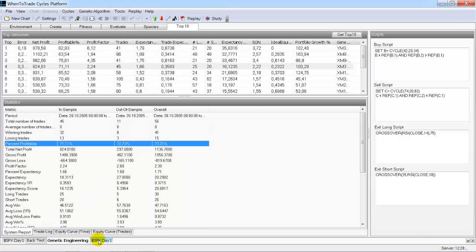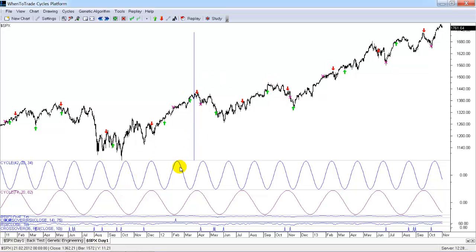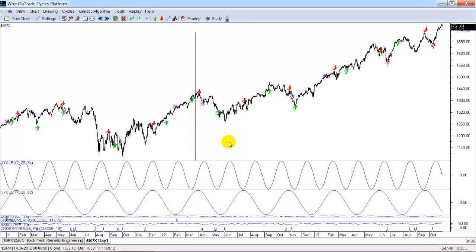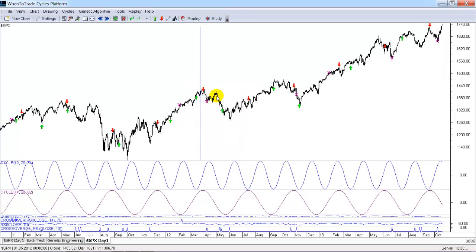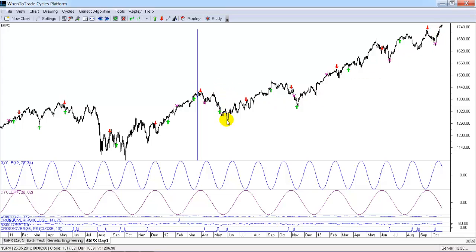Then you can plot it on the chart. So this is just the chart with the cycles detected here, and now you can see how the trades are shown on the chart here with the buy, sell, exit, buy, sell. So this is the complete out of sample period, which has not been taken into account in this evaluation here.